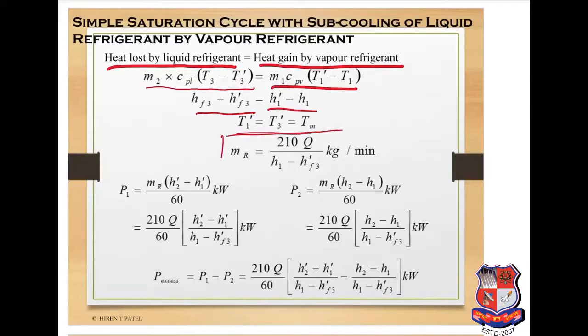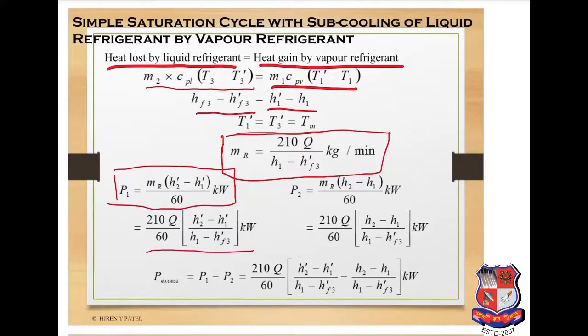So from that, the mass of refrigerant required for the cooling is 210Q divided by H1 minus HF3 dash kg per minute. Power required to drive the compressor, that is P1, is equal to MR times (H2 dash minus H1 dash) by 60 kilowatt, that is equal to 210Q by 60.